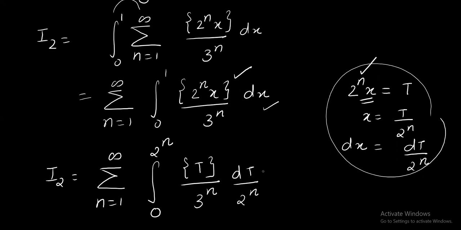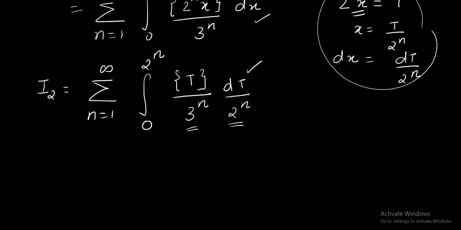See, the integral is with respect to the variable t. So 3 power n, 2 power n can be taken outside the integral sign. One thing that we can notice here is now we have a fractional part function, which is just fractional part of t. And we know that it is a periodic function with period 1.